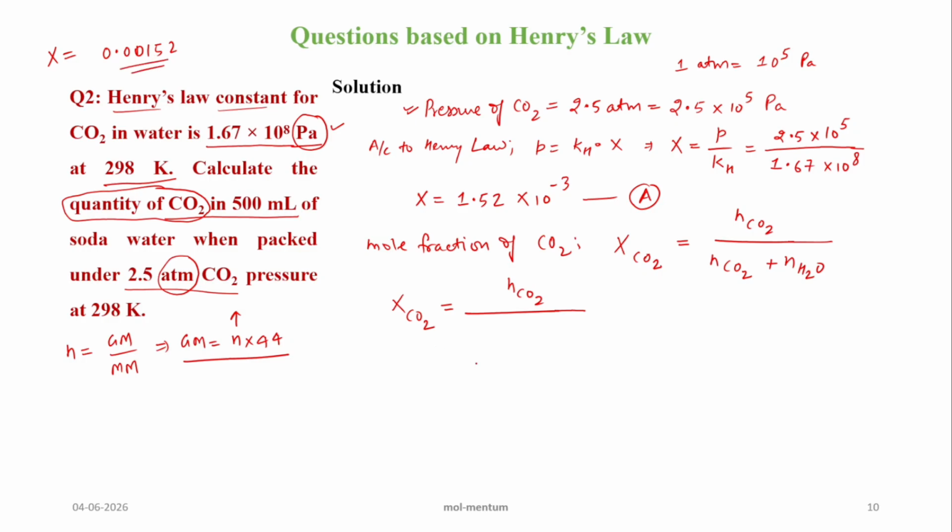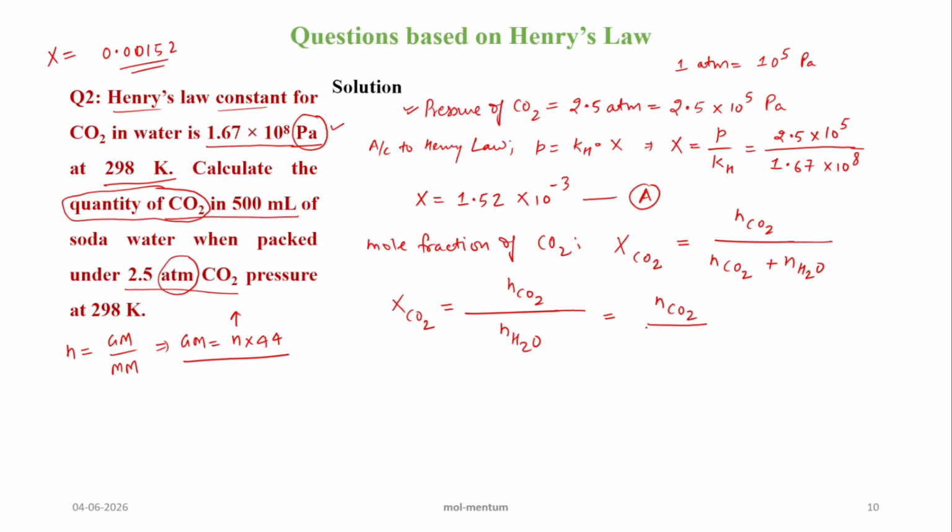So that means mole fraction is very small. So this part, number of moles of CO2, we can ignore because mole fraction of CO2 is very small. So we can ignore number of moles of CO2 in the denominator, and I will only write number of moles of water. Here you can also mention, since mole fraction of CO2 is very small, we are ignoring the number of moles of CO2 in the denominator.